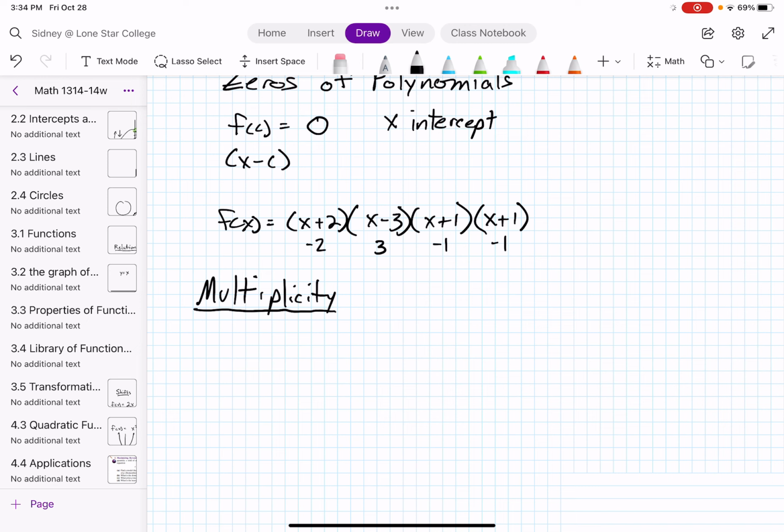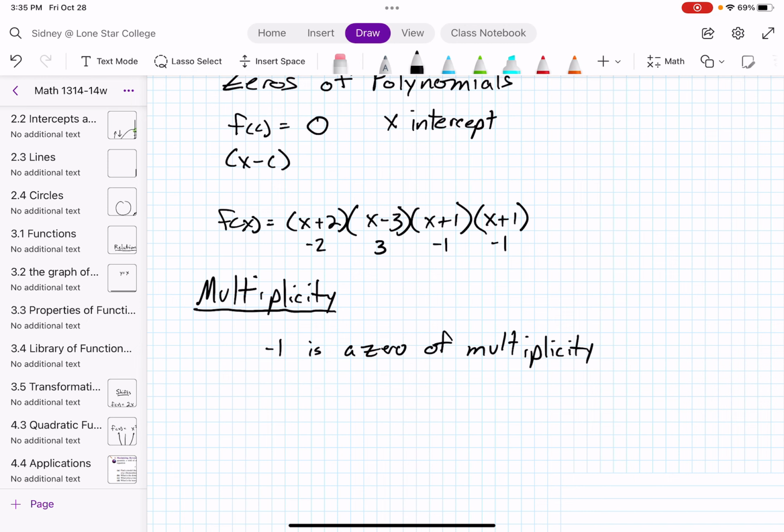It has a multiplicity of 2. So we would say that -1 is a 0 of multiplicity 2.